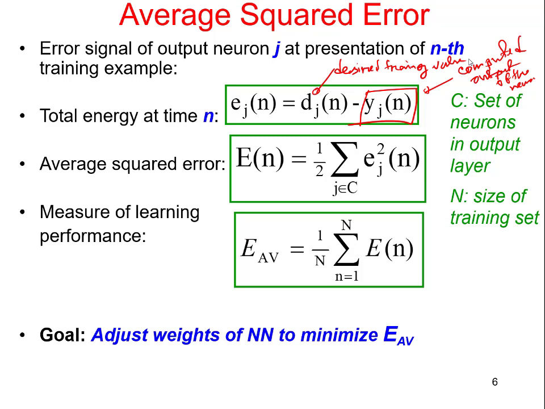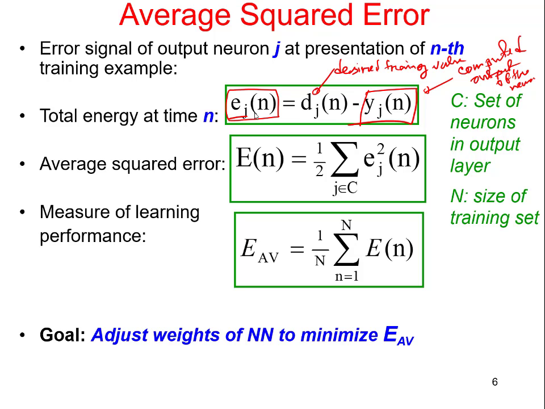The difference of these two is considered the error. So the error of the jth unit in the nth training example will be the desired training value minus the computed output of that neuron, dj(n) minus yj(n).